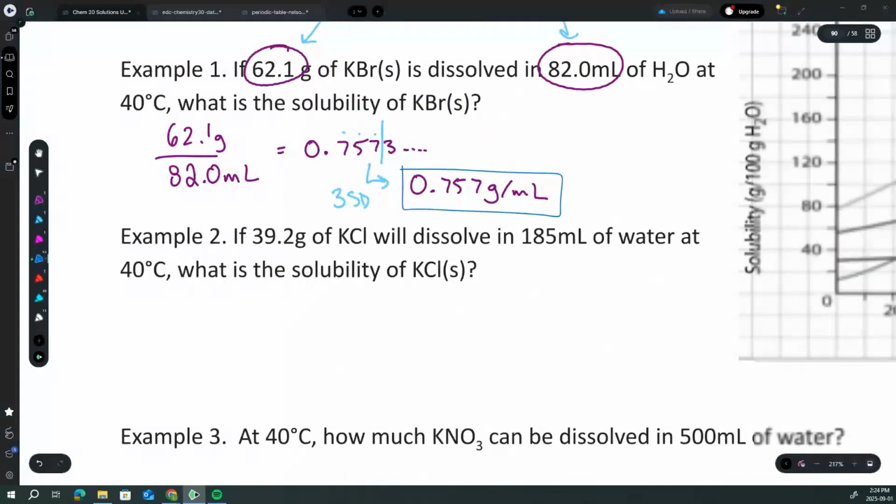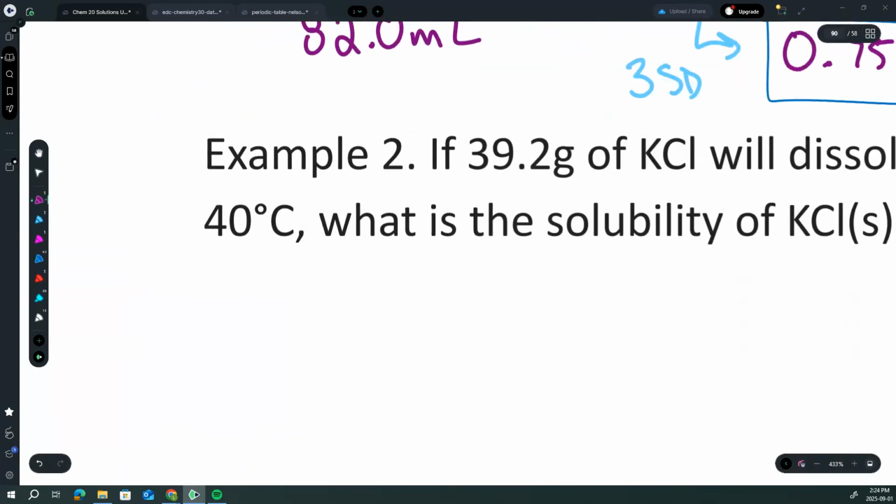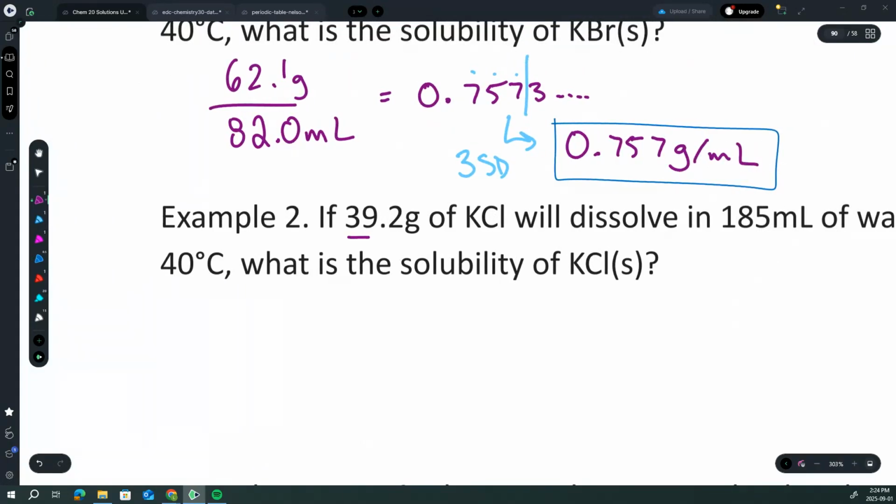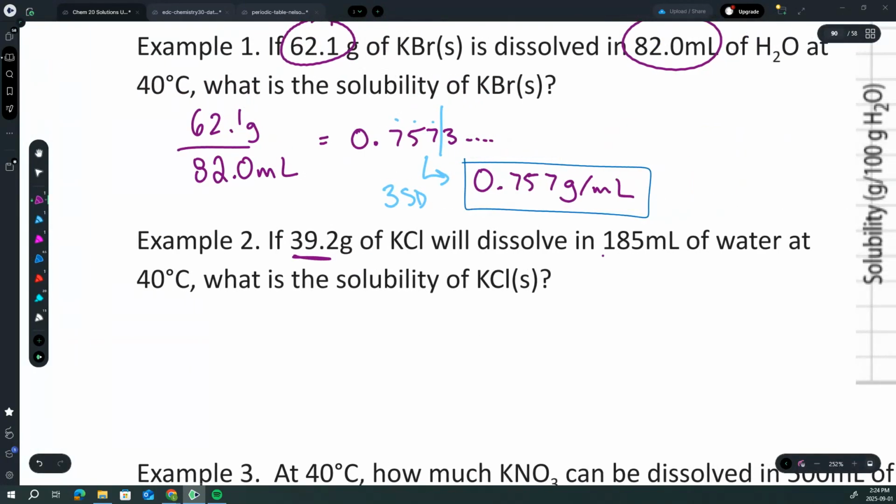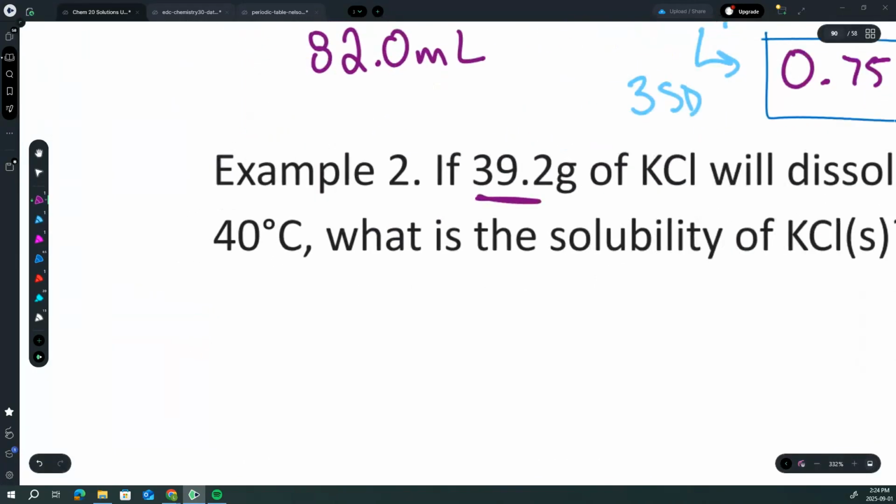All right, example number 2. If we have 39.2 grams of potassium chloride that will dissolve in 185 milliliters of water at 40 degrees, what is the solubility of potassium chloride? So again, with this same situation as example 1, we are just taking these numbers because they're telling us this is going to dissolve.